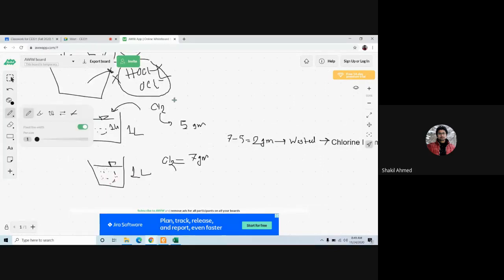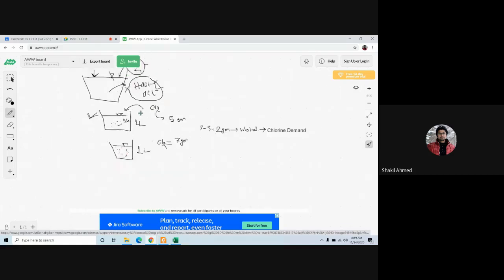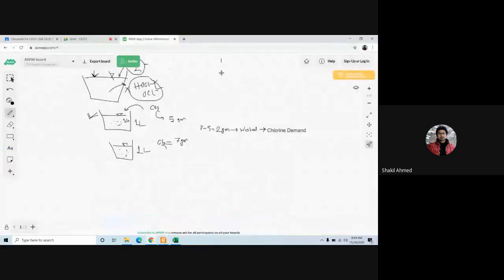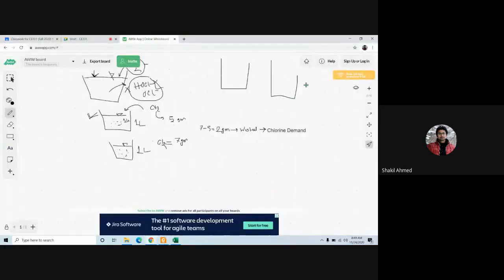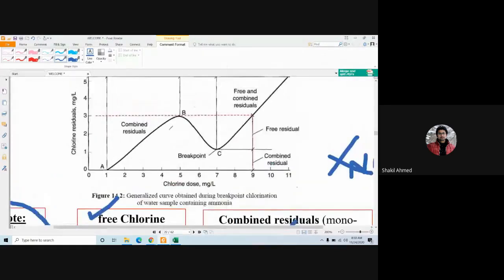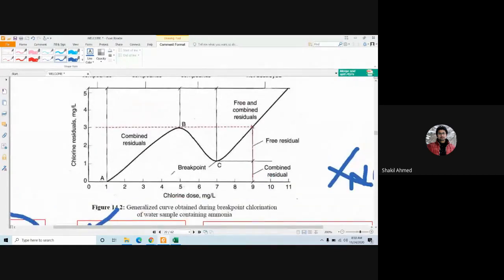What we do here is, in different samples, one, two, three, four different samples, we put different amounts of chlorine dose, and we plot a graph which looks like this.